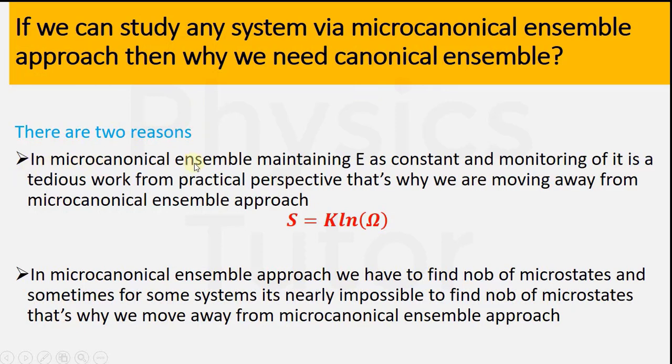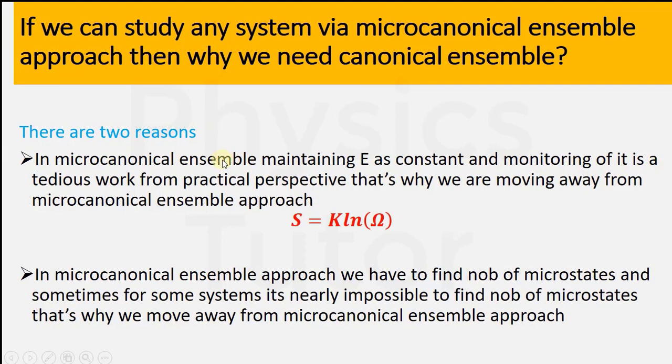The first reason is that in the microcanonical ensemble, maintaining energy as constant and monitoring it is tedious work from a practical perspective. That's why we are moving away from the microcanonical ensemble approach, because it is very difficult to maintain the energy of a particle. An isolated system is very difficult to attain because the external temperature environment also affects it.